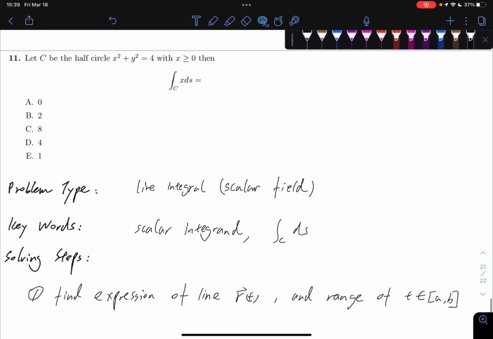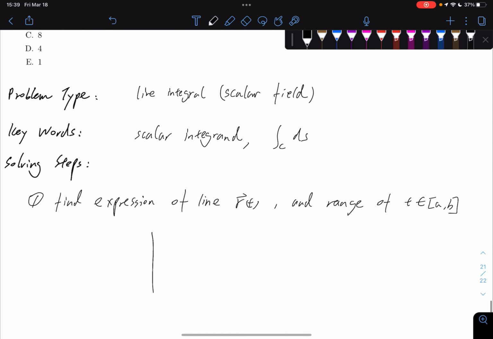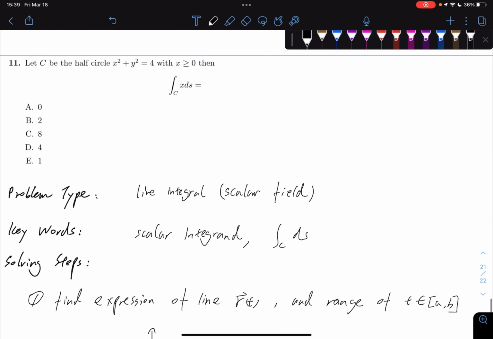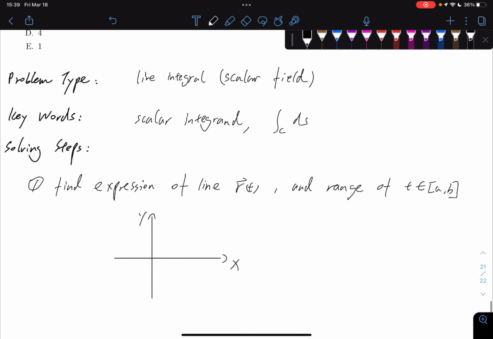We see C is the half circle of x squared plus y squared equals 4 with x greater than 0. So let's draw that. It's a half circle with x greater than 0, so that's 2, and that's negative 2, and that's 2.